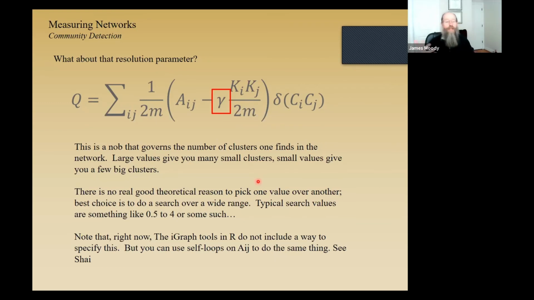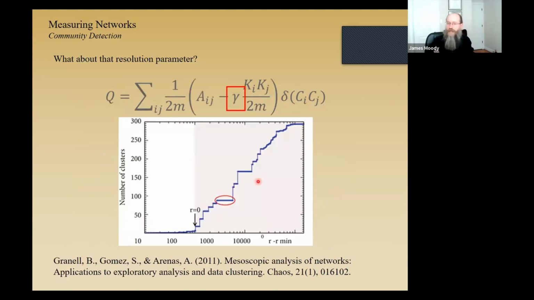There are some settings that have a really key structure to them, and any algorithm was going to converge on that set. But in reality, most of the time, that's not the case. So instead, what you have to do is search over your resolution parameter. This is an example from a paper that nicely shows how the resolution parameter varies.